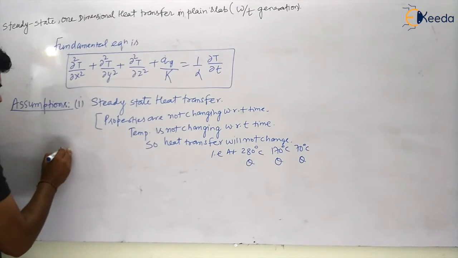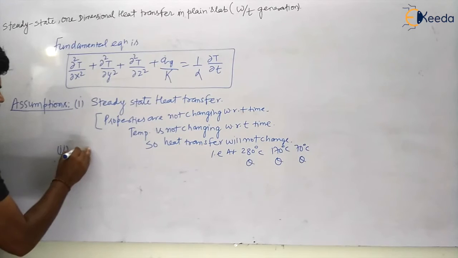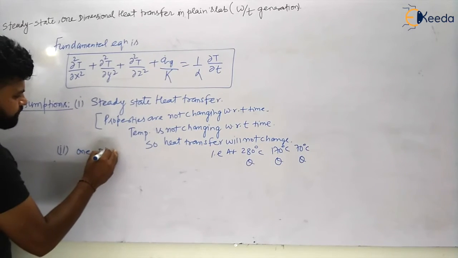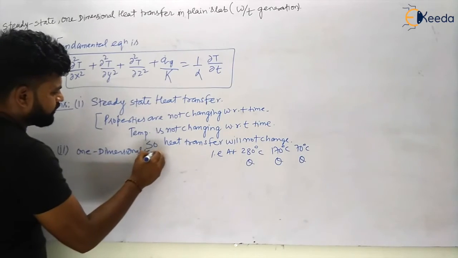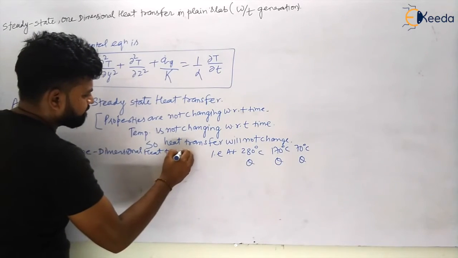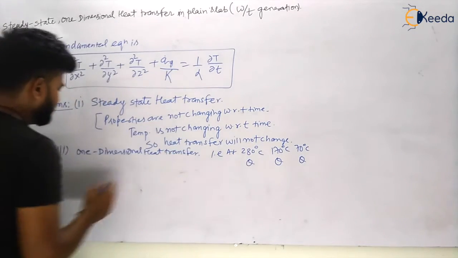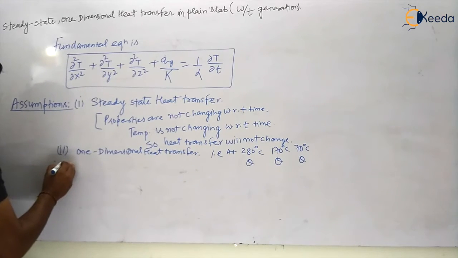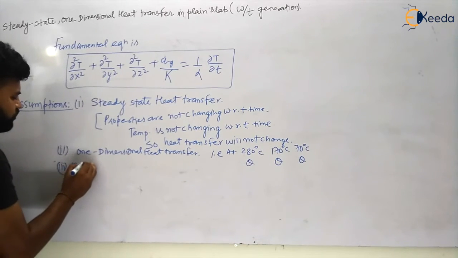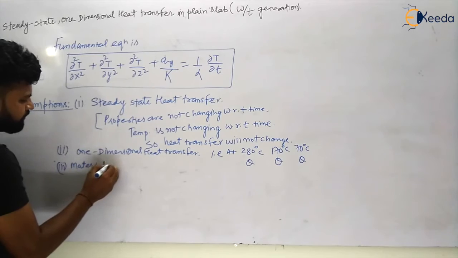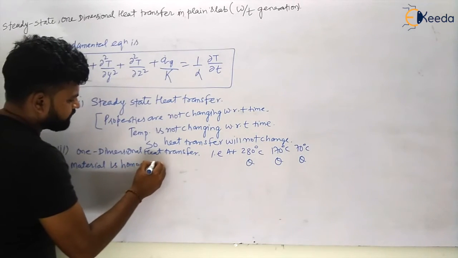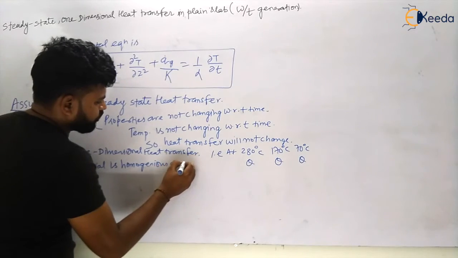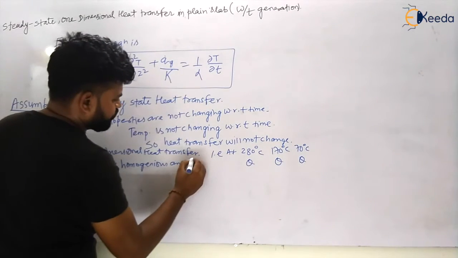Now my dear students, second is one-dimensional heat transfer. And third, the material is homogeneous and isotropic.